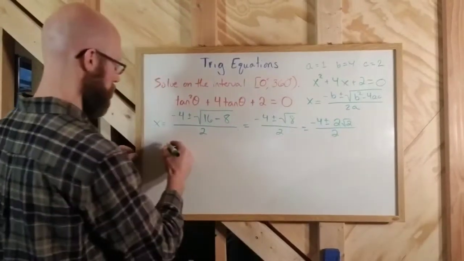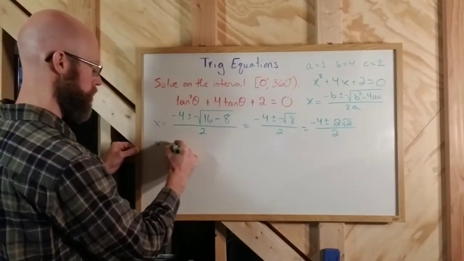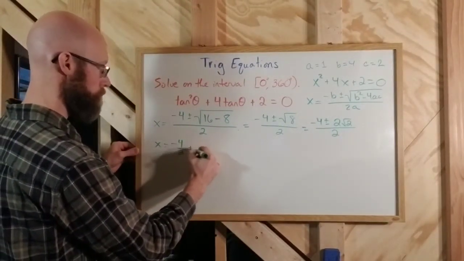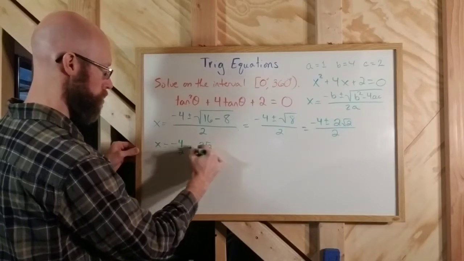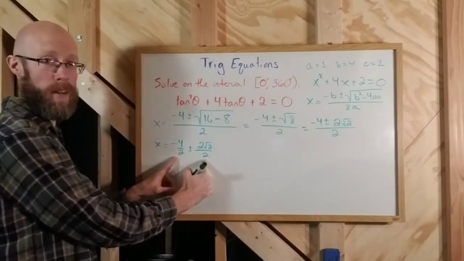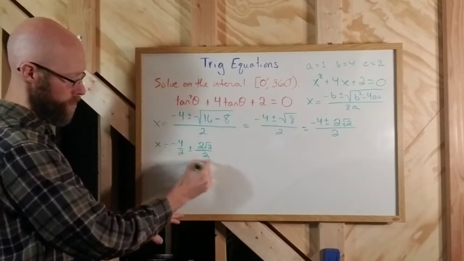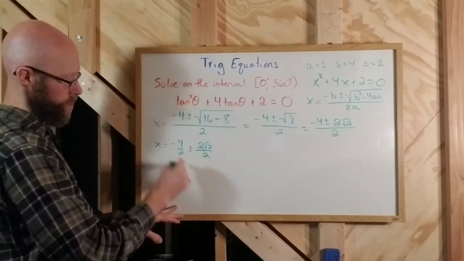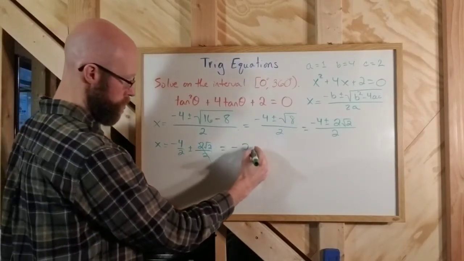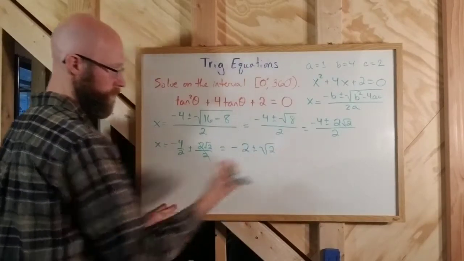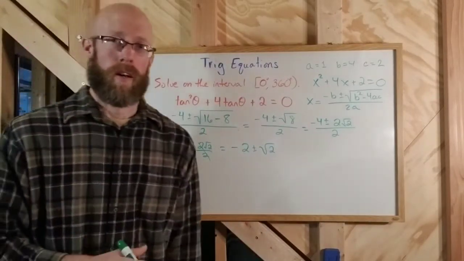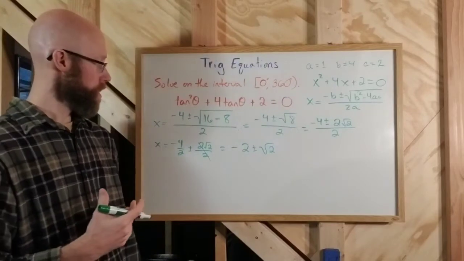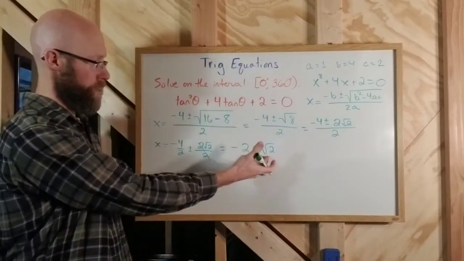Maybe I'll write it out a little bit. So x is negative 4 over 2 plus or minus 2 root 2 over 2. So I split that denominator up to both terms. 2's cancel there. 4 over 2 is 2, so this becomes negative 2 plus or minus square root of 2. Okay, so now this is what I solved for x.